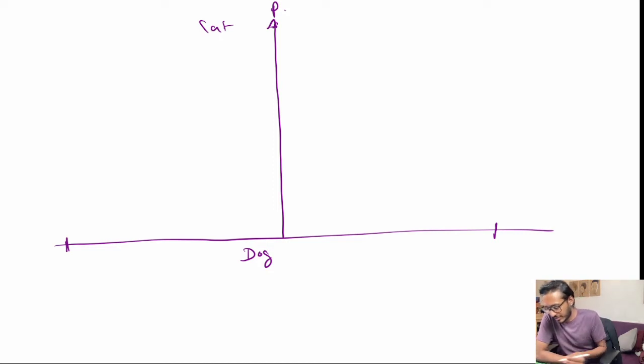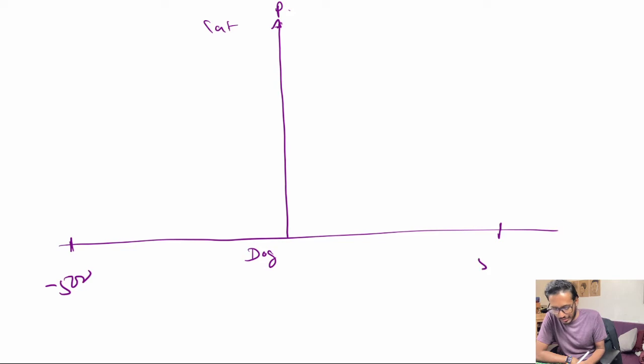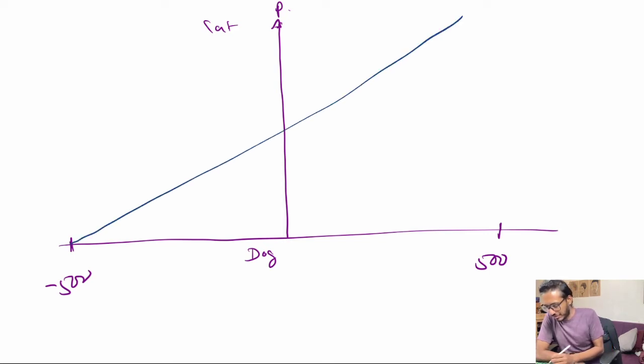So let's say for the purpose of this application, we are giving values between minus 500 and 500, right? So we can have something like this, where if it's minus 500, it's definitely a dog, and if it's plus 500, that's definitely a cat. And in between, at the halfway point, this is where we are not really sure, so 0.5.